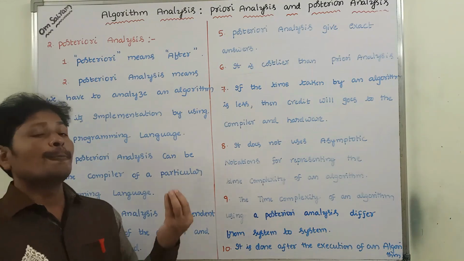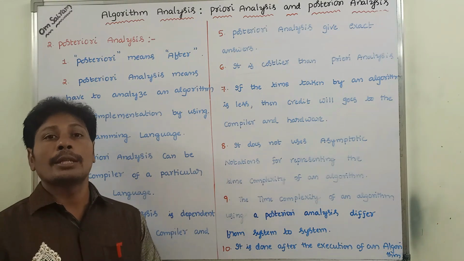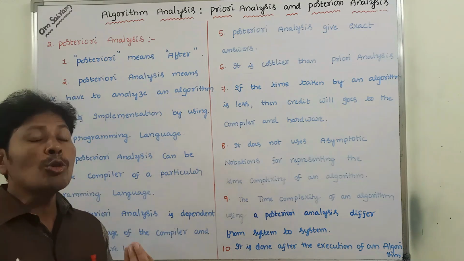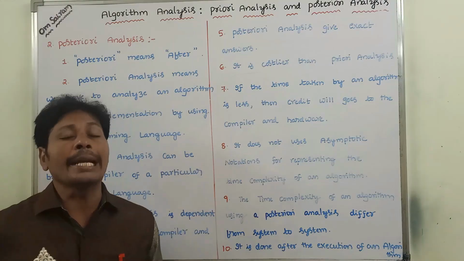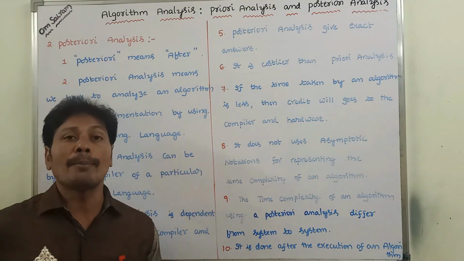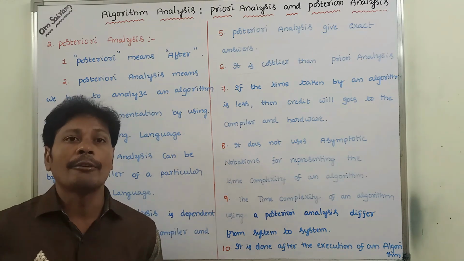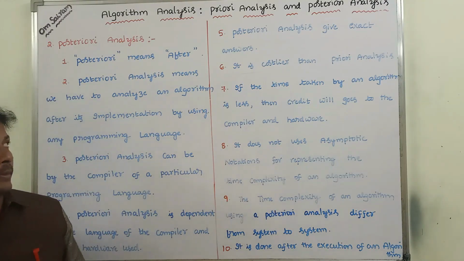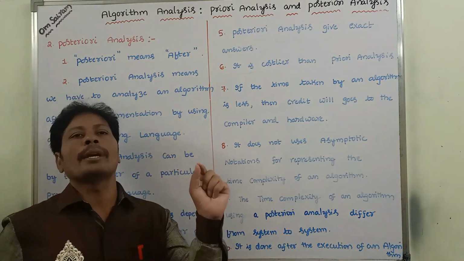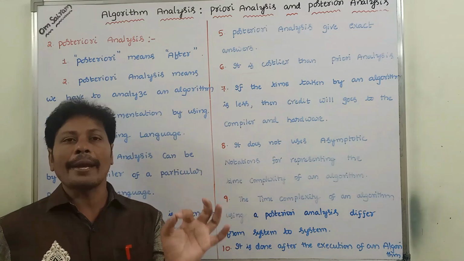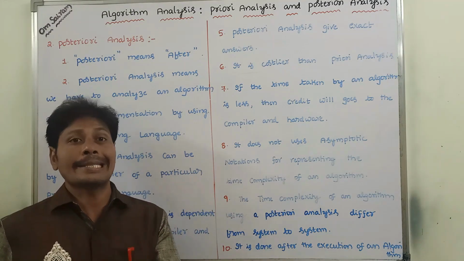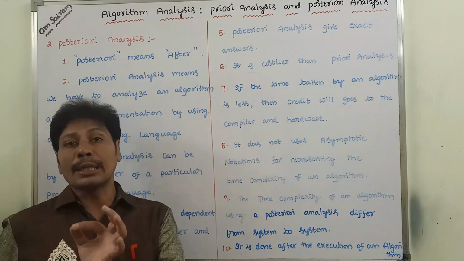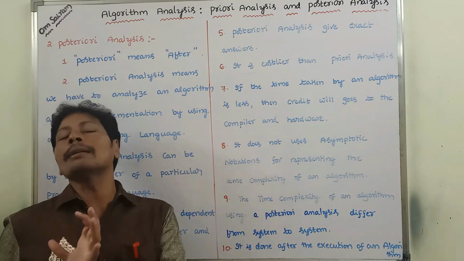Next point, posteriori analysis gives exact answers. That is, how much memory it takes and how much time it takes for executing an algorithm. Because of that, we can say that posteriori analysis gives exact answers, whereas priori analysis gives approximate answers.